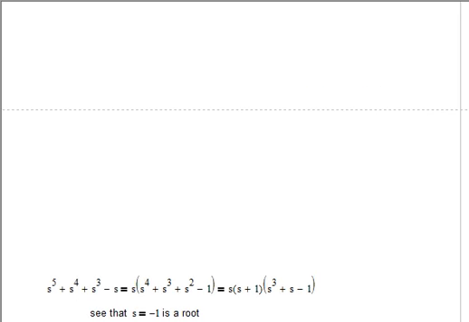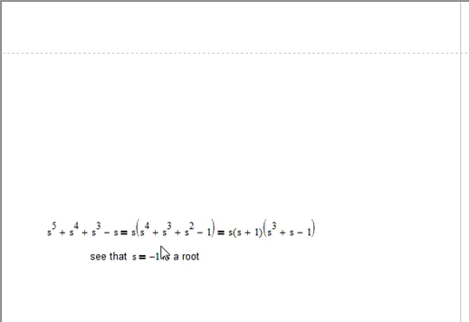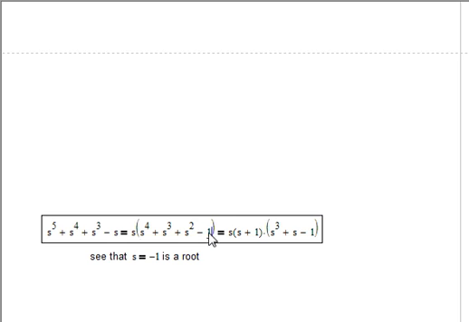If you struggle with that, what I did was factor it over here and then see that s equals negative 1 is a root of this, because this would be positive and this would be positive and this would be negative, so you get 0. So if s equals negative 1 is a root, then s plus 1 is a factor. So I actually used the rational root theorem from pre-calculus to do that.